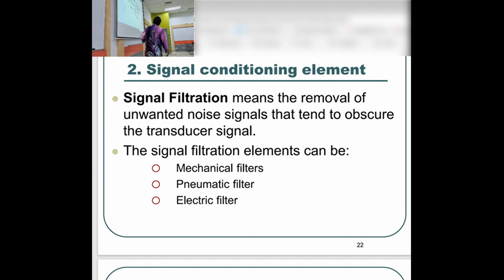Okay, now we look at filtration. Filtration has three main types. Physically or mechanically. But when I mention mechanical, it means the mechanics of air, mechanics of moving objects, mechanics of anything.